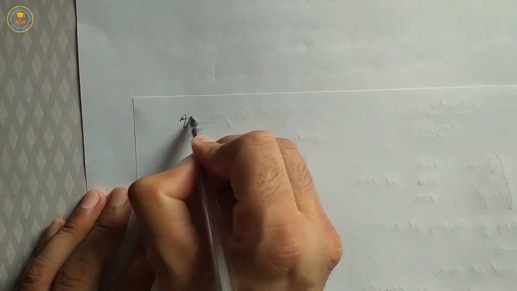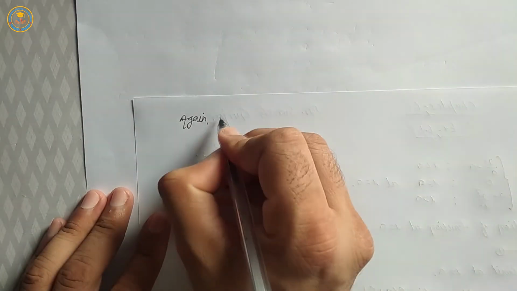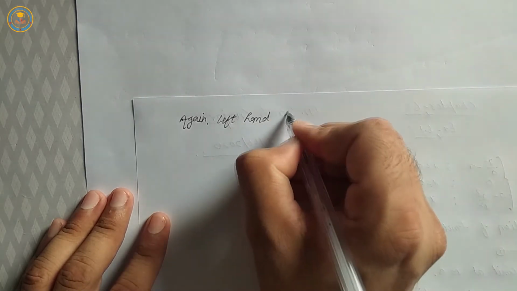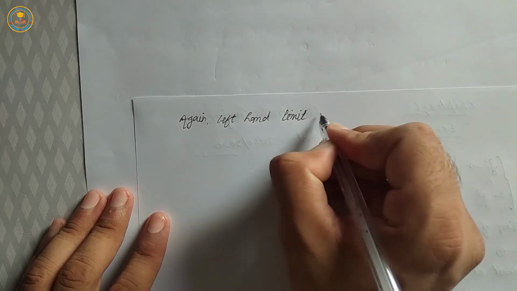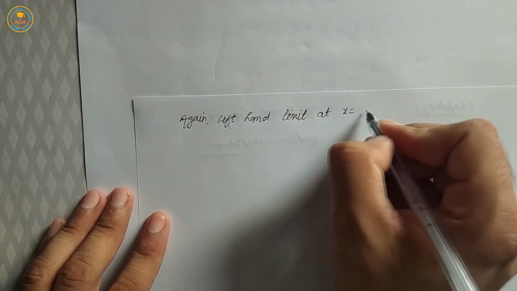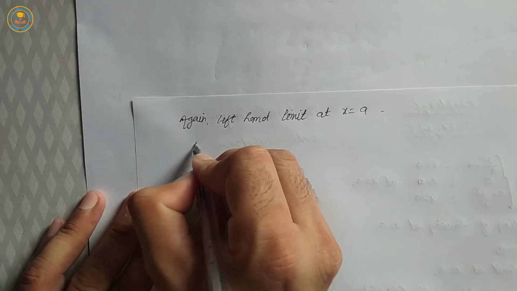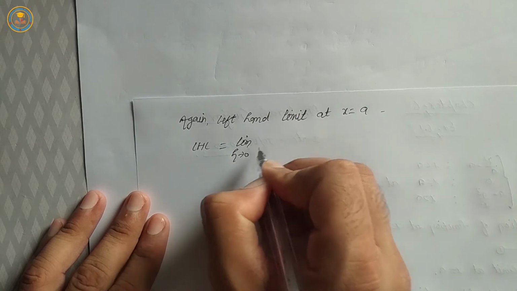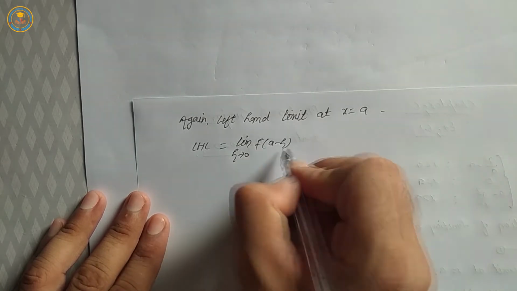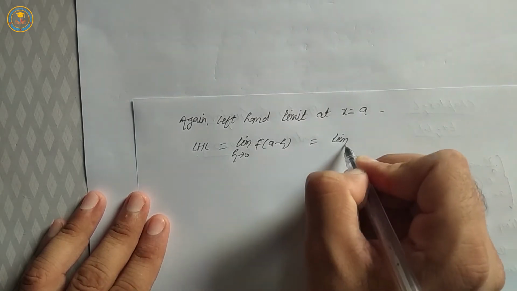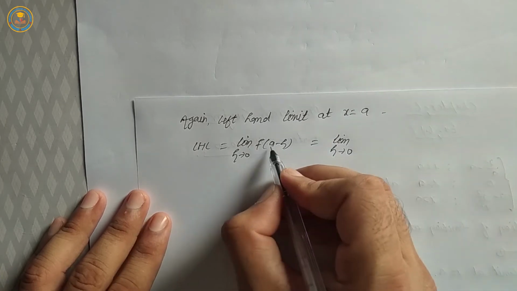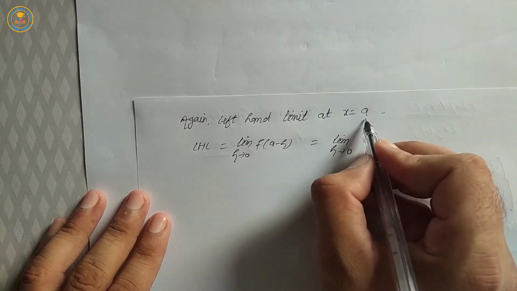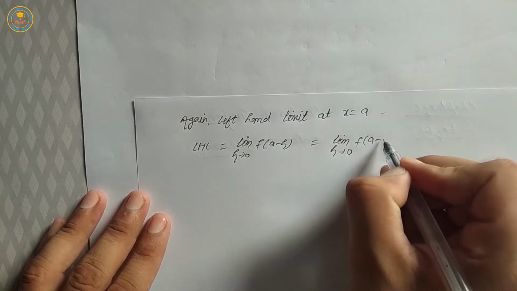Again, left hand limit at x is equal to a. LHL is equal to limit h tends to 0 f(a minus h), at x is equal to a.